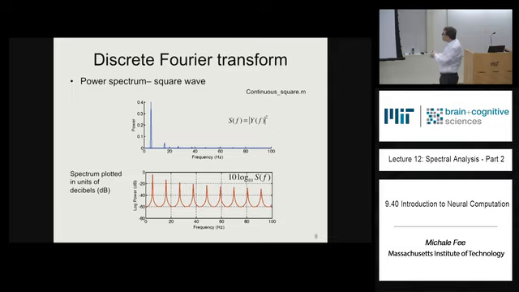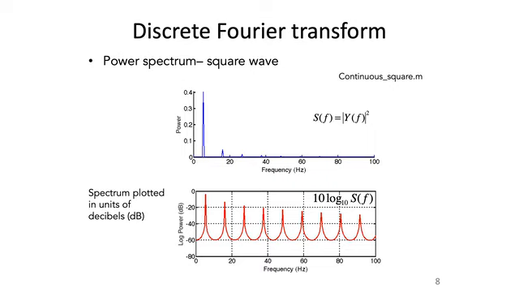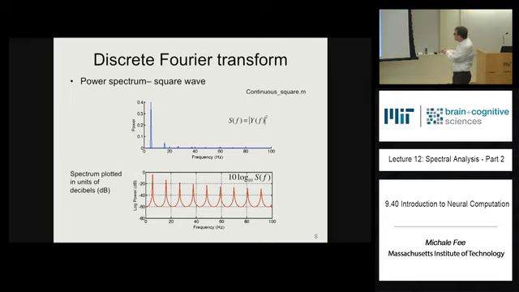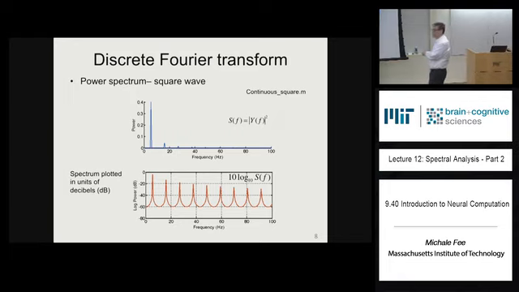And more commonly used unit is called decibels, which are 10 decibels per bel, okay? So decibels are given by 10 times the log base 10 of the power, the square magnitude of the Fourier transform. Okay, does that make sense?